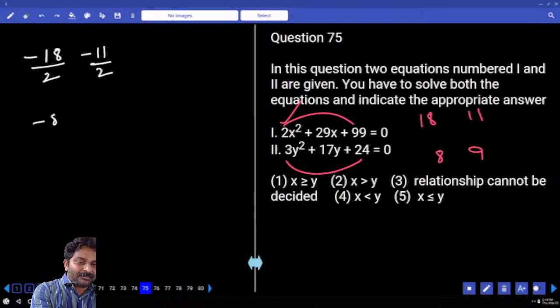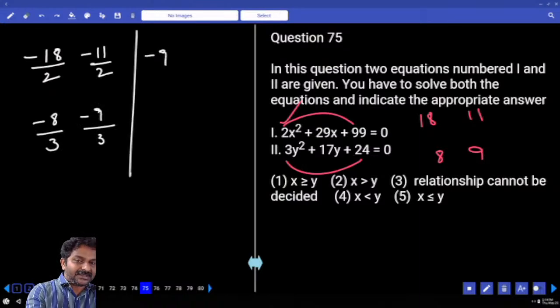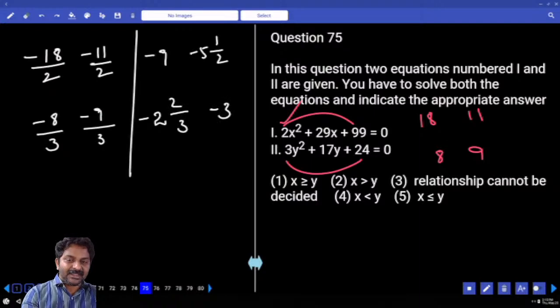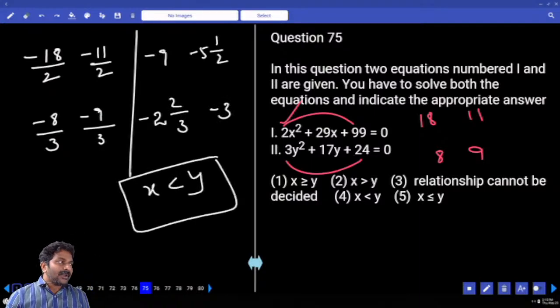Factors are minus 8, minus 9 divided by 3. Minus 9, minus 5 and a half, minus 2 2 by 3, minus 3. X is less than y.